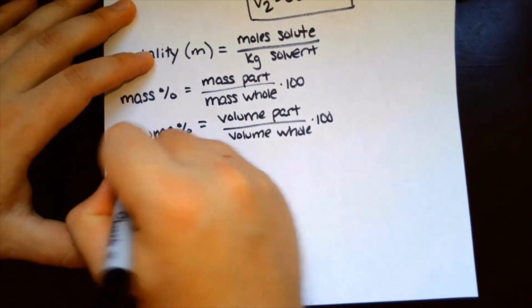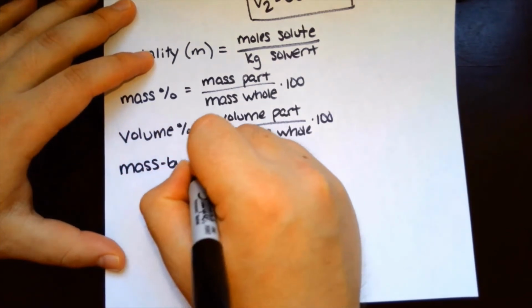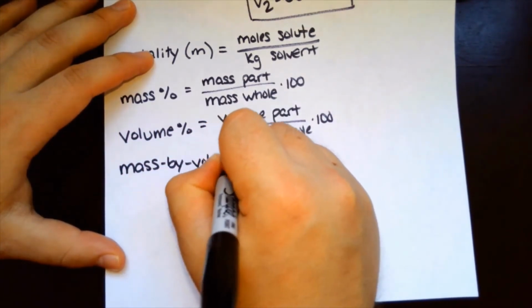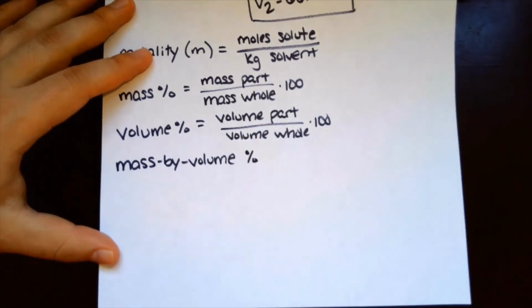And I say that because next we have mass by volume percent. And sometimes you'll just hear it described as mass by volume, but it means the same thing, even if it doesn't explicitly say the word percent.